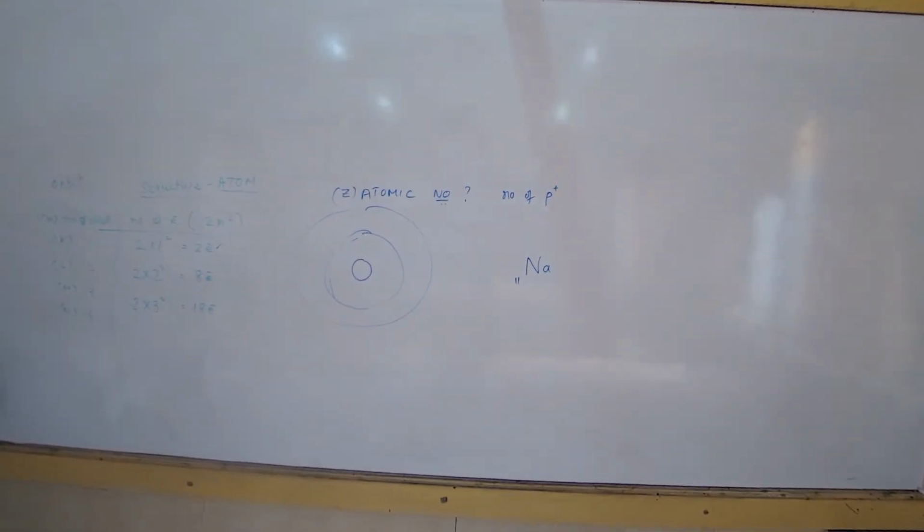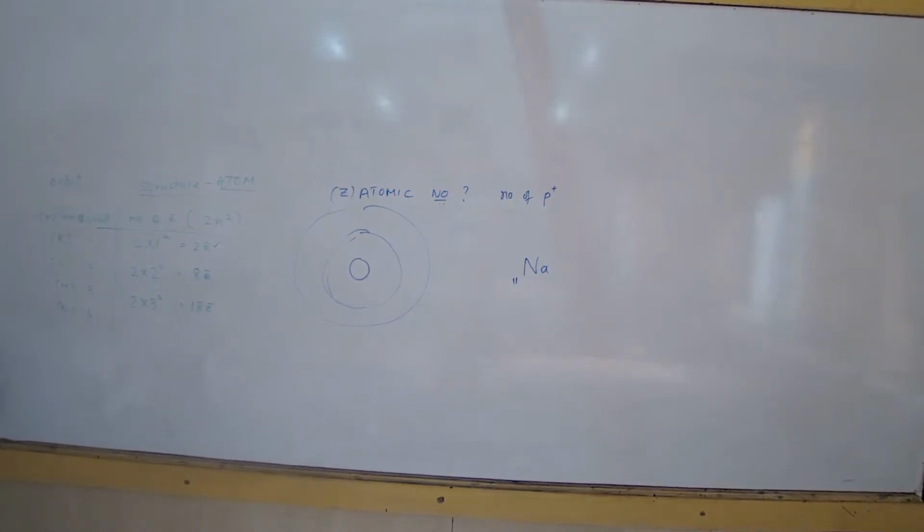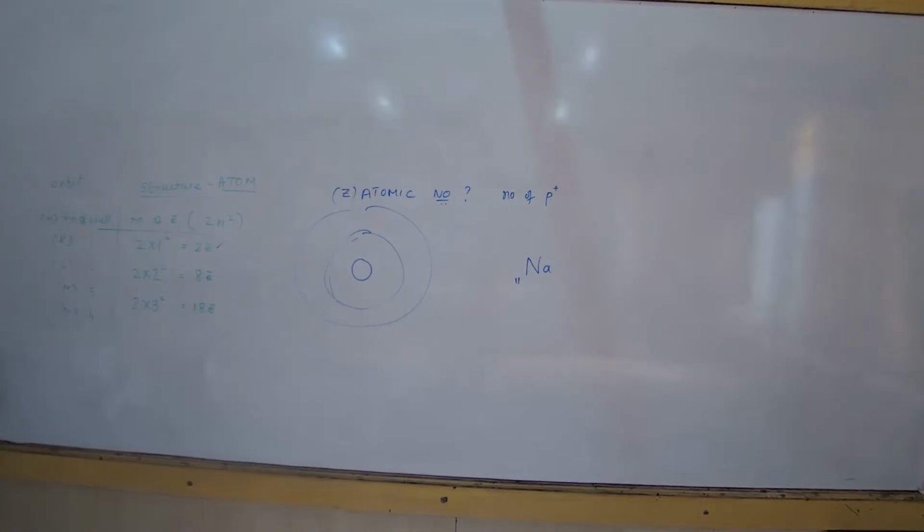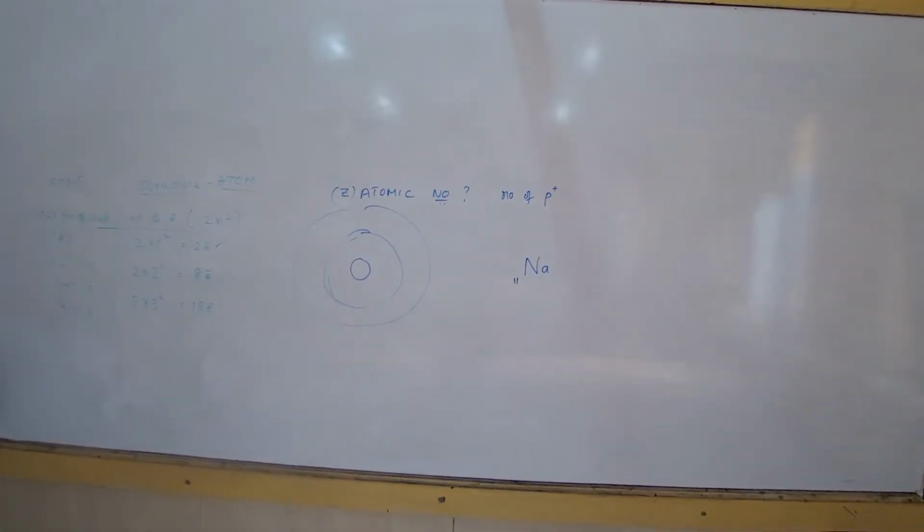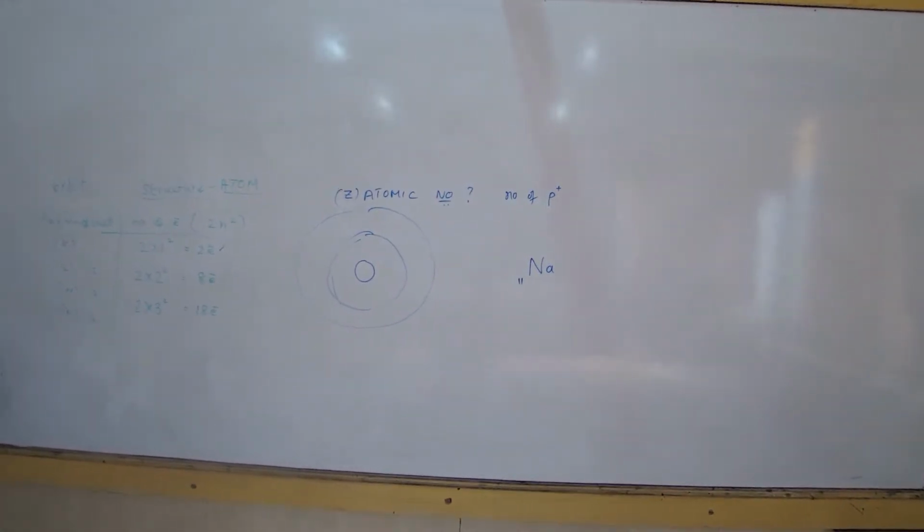In bracket, I want you to remember: the number of protons is equal to the number of electrons. In bracket, write down the number of protons is equal to the number of electrons.